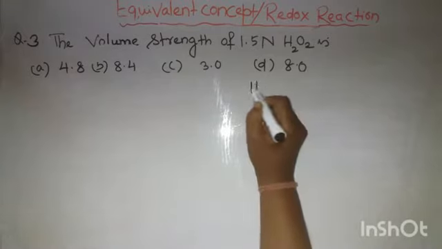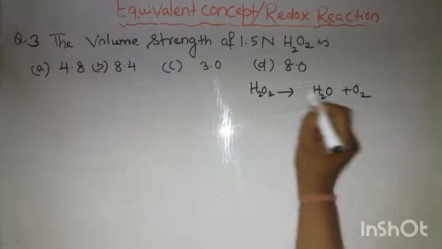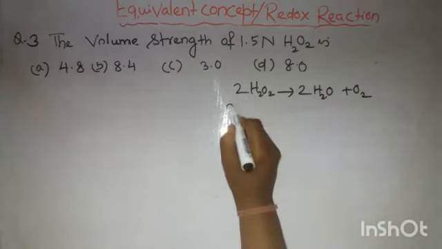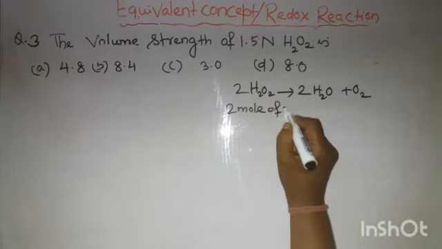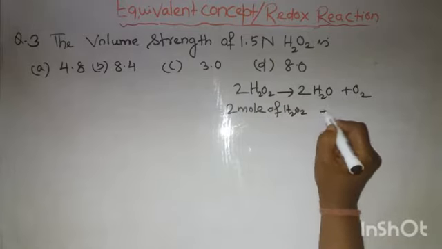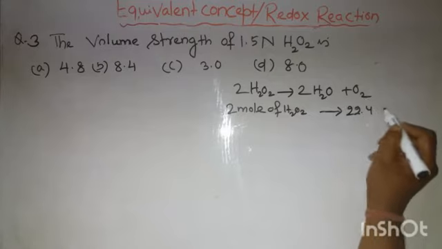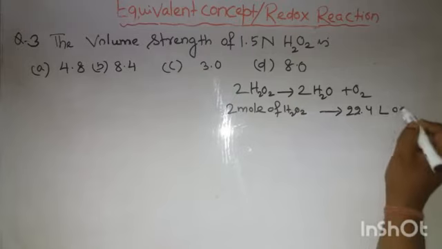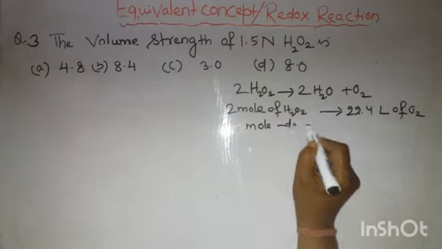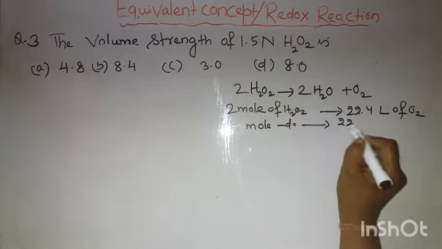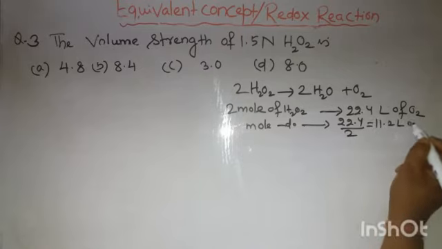This is your H2O2 giving H2O plus O2. That means 2 moles of H2O2 give how much oxygen? 22.4 liters of oxygen. That means 1 mole of H2O2 will give 11.2 liters of oxygen.